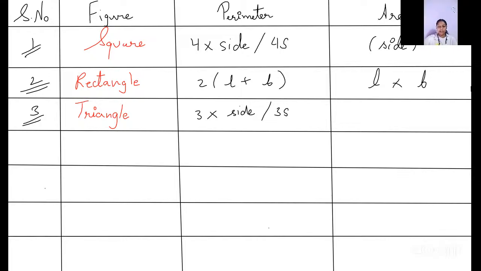Or if we have irregular sides of the triangle, we add side plus side plus side. We add all the sides.